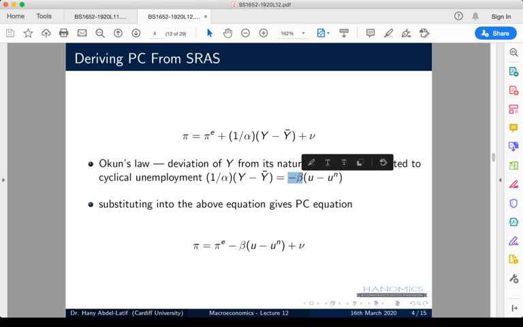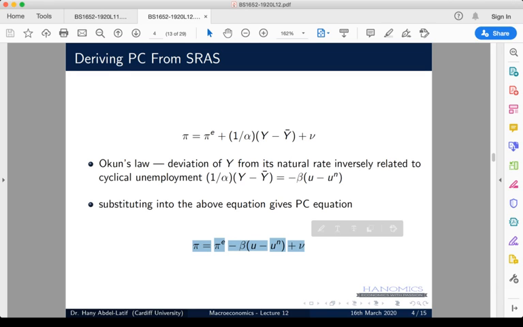Then we have the gap between the actual output level and the full employment output level, which is inversely related to the cyclical unemployment, the difference between the actual unemployment rate and the natural rate of unemployment. So if you substitute this into this equation here, that will give us exactly what we were hoping to achieve.